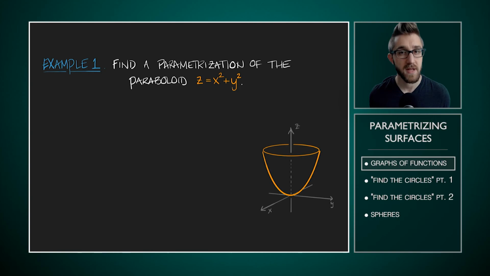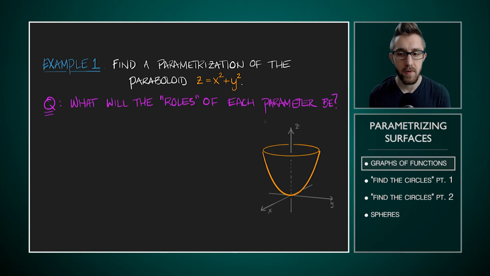So just like a couple lessons ago, when we were talking about finding strategies for parametrizing curves, I'll encourage you to have the following question in mind anytime you're trying to come up with a parametrization of a surface. What will the roles of each parameter be? Remember when we were parametrizing curves, sometimes we wanted to think of the parameter t as being like one of the coordinates x, y, or z, or sometimes we wanted to think about it as angle as we were moving around a circle.